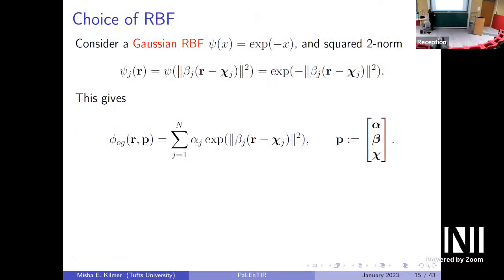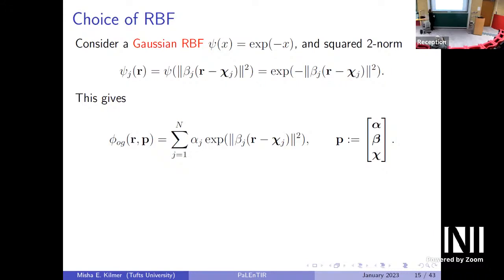So the simple Gaussian radial basis function is just this function here. Now I define my basis functions of interest, these psi sub j's, in terms of this Gaussian radial basis function applied to the 2-norm squared of beta j, which again acts like a dilation, the center locations, and so forth.